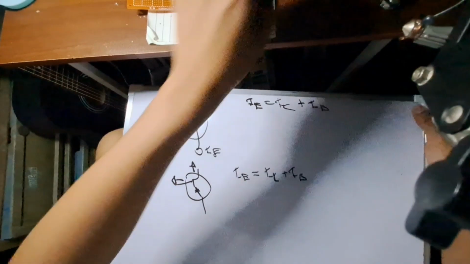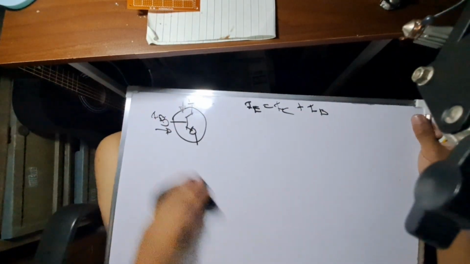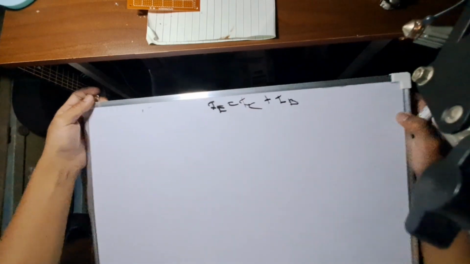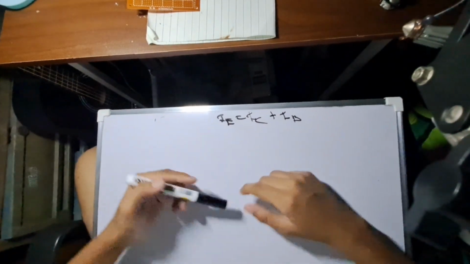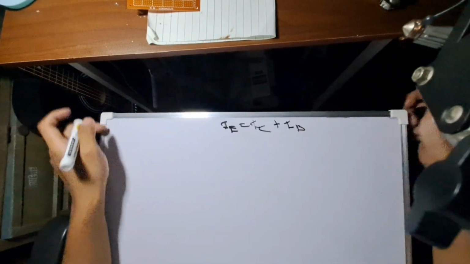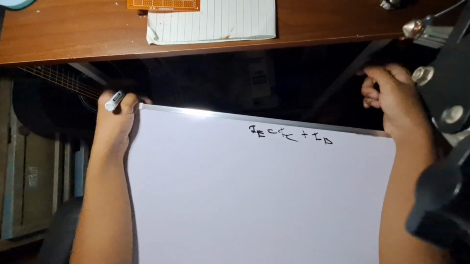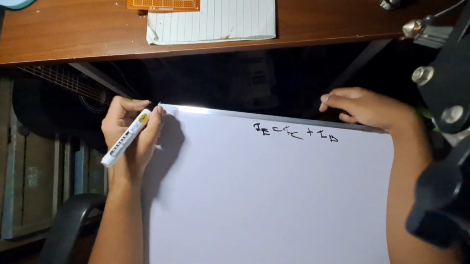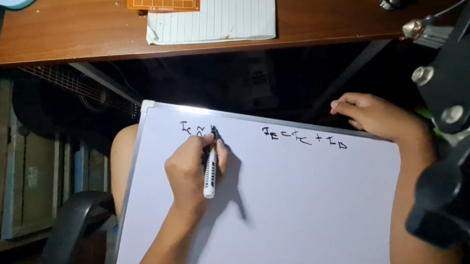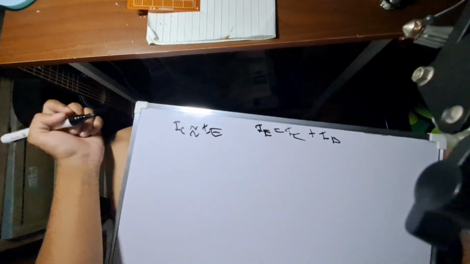So let's derive some formula. Since ang tinakal natin is NPN, let's work our way around NPN. So from Boylestad's book, it states that IC is only approximately equal to IE.